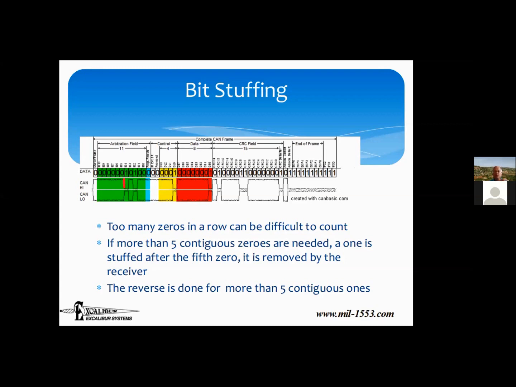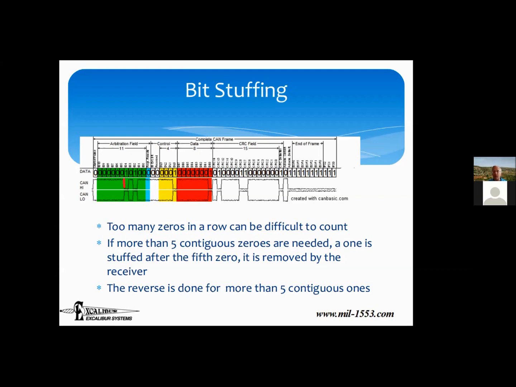I'm going to stuff in another 1. So that really, if I have 10 zeros that I want to send in a row, what's going to go out on the bus is 5 zeros, a 1, another 5 zeros. Now, the receiver knows this. So when the receiver sees 5 zeros and a 1, it's going to throw out the 1 because it knows that this one is only there to synchronize me. And it's not really a data bit.